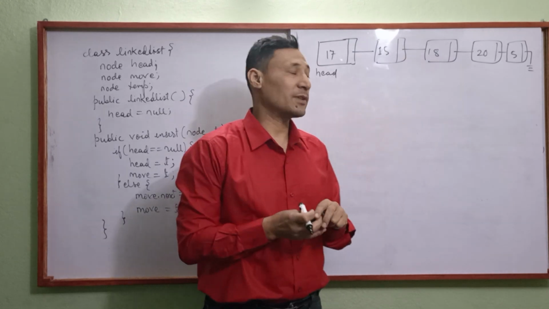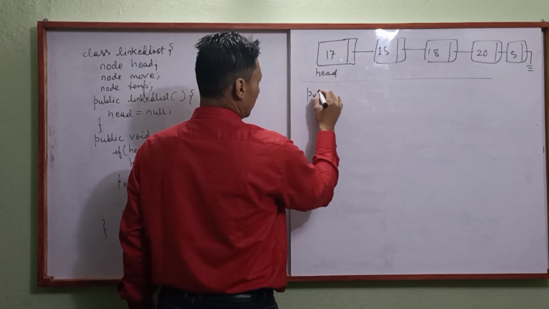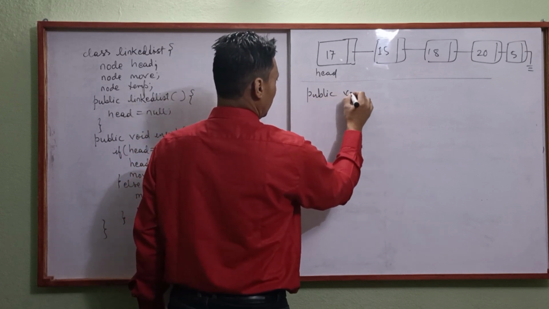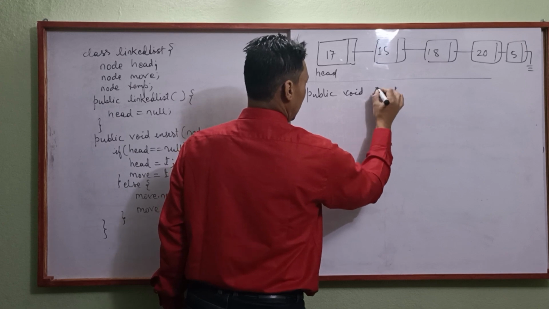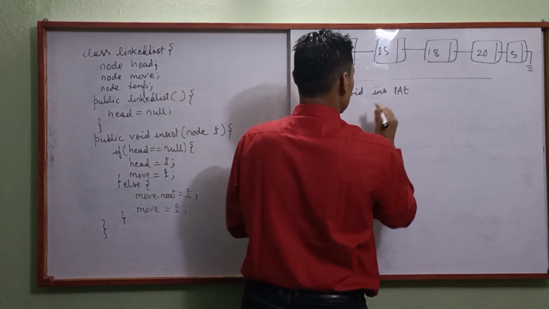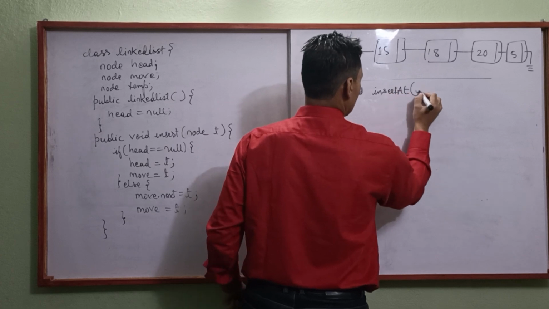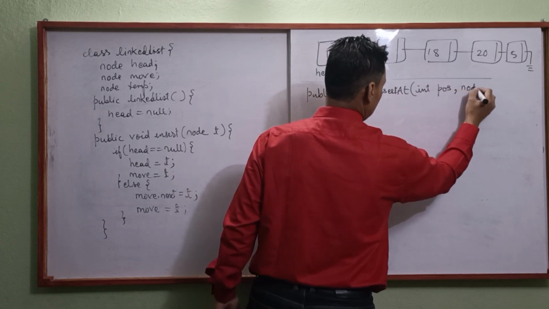Now let's write the method: public void insertAt, with integer position and node t.